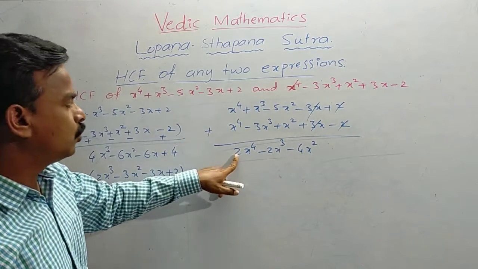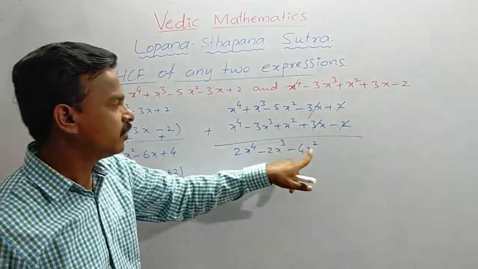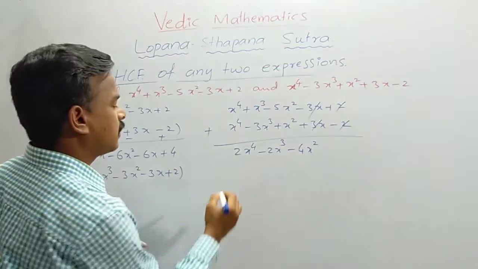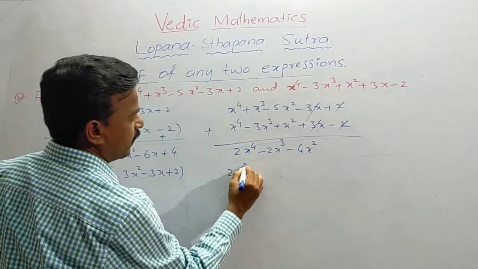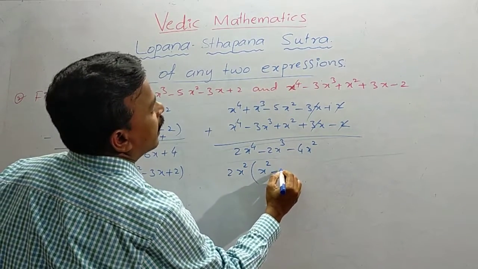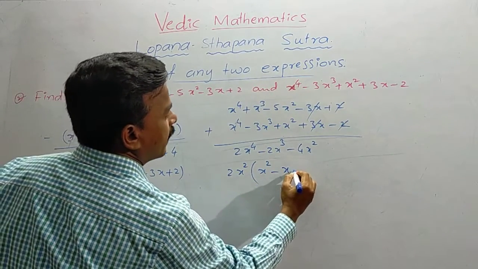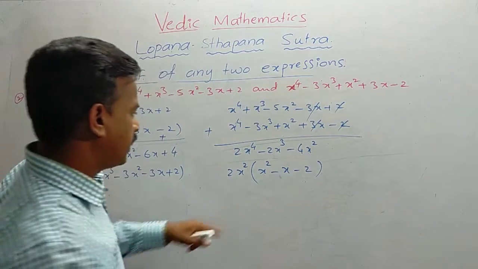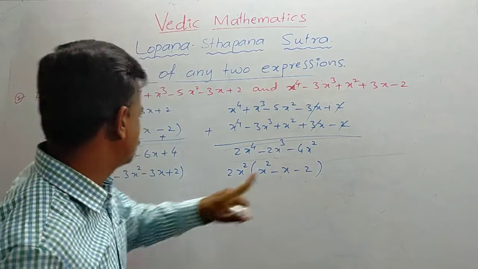Okay, so here 2x square, 2x square, 2x square are common. We can take common 2x square. Here x to the power of 2 minus x minus 2. x square minus x minus 2.